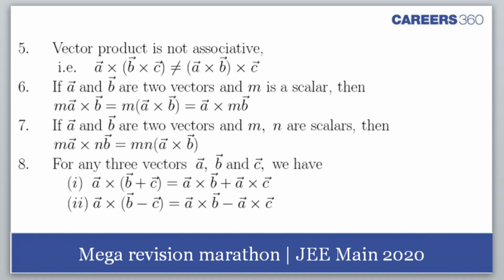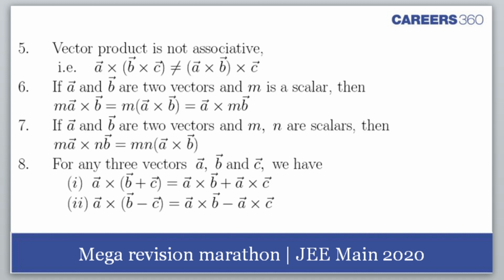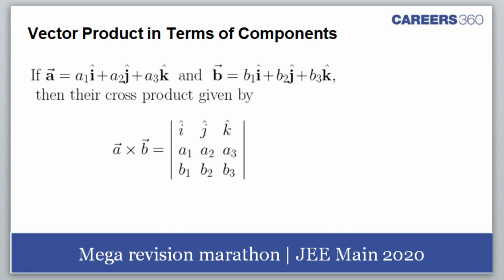Now we have the properties as well. Vector product is not associative. Is it commutative? Where that slide has gone. Vector product in terms of component, we calculate it by the determinant way.